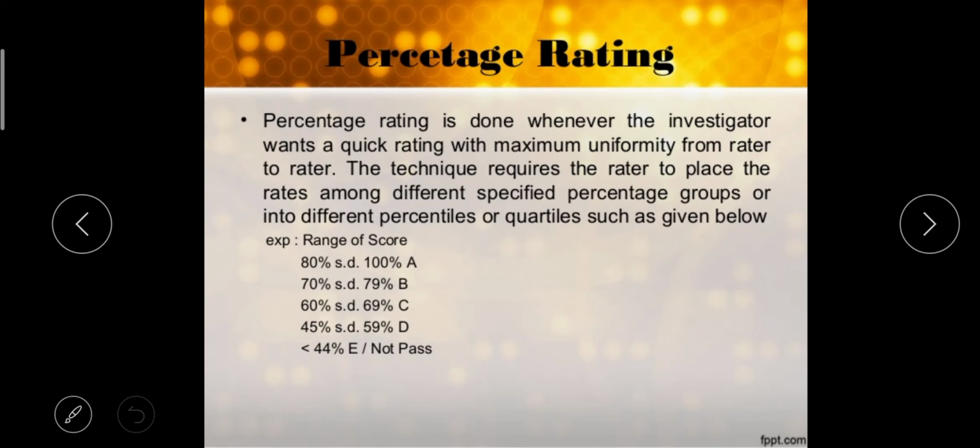Example: range of score. Nowadays in school they are not using percentages, they are giving grades. If the student got between 80 to 100%, they get A grade. If they got 70 to 79, they come under B grade. If they got 60 to 69, they come under C grade. So this is about the percentage rating.